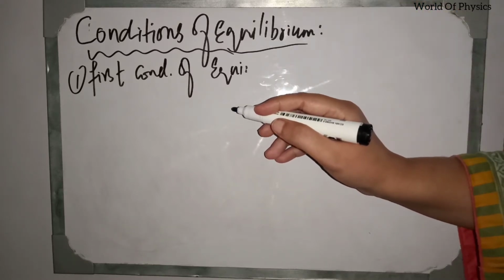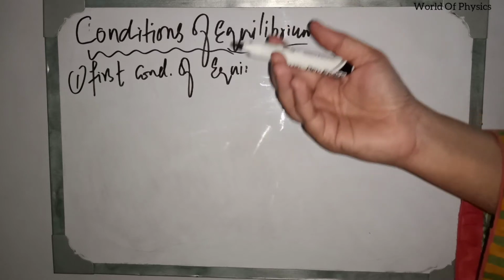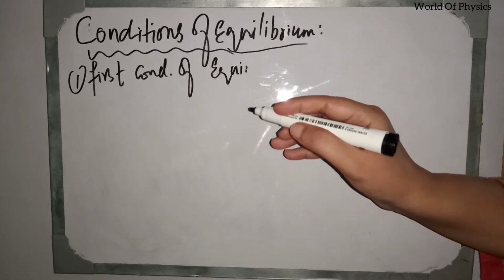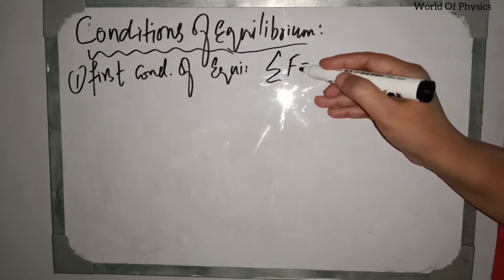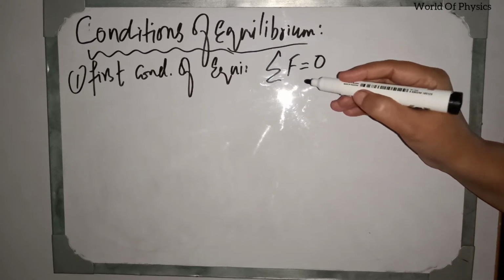According to the first condition of equilibrium, when the vector sum of all the forces acting on a body is zero, then the first condition of equilibrium is satisfied. For example, the vector sum of all the forces should be equal to 0.